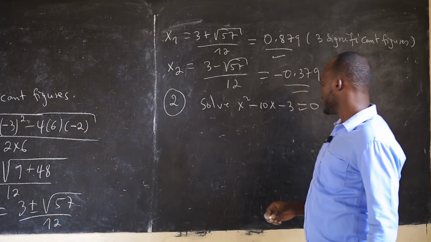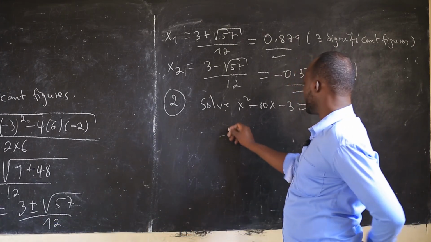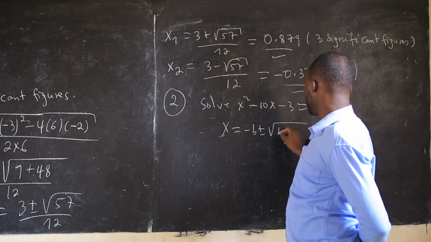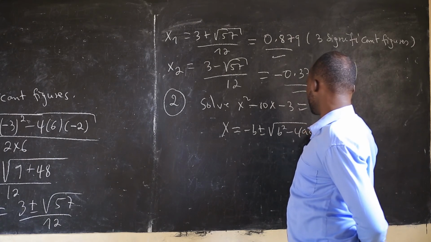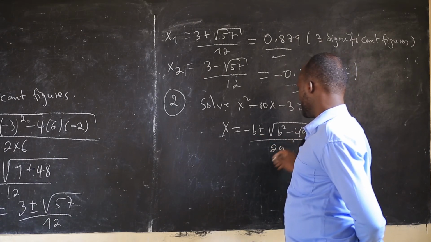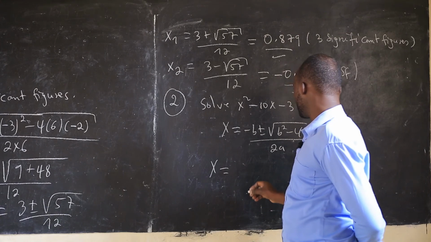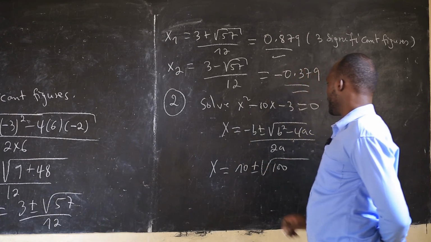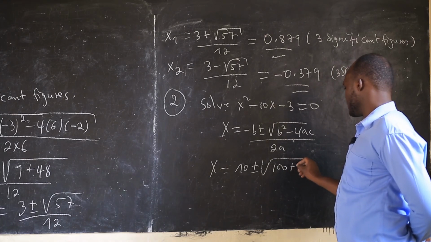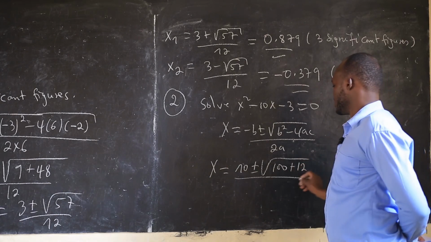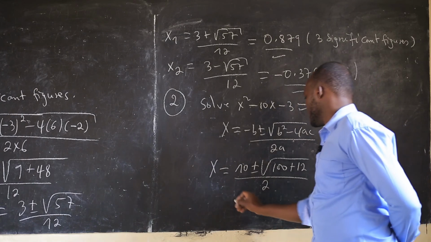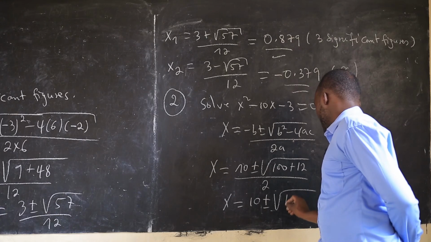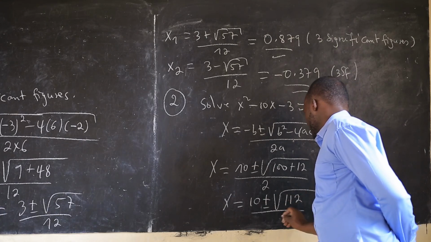When you use the quadratic formula, x equal to negative b plus or minus the square root of b squared minus 4ac, divided by 2a, this is x equal to 10 plus or minus the square root of 100 plus 12, divided by 2. So x will be 10 plus or minus root 112 divided by 2.